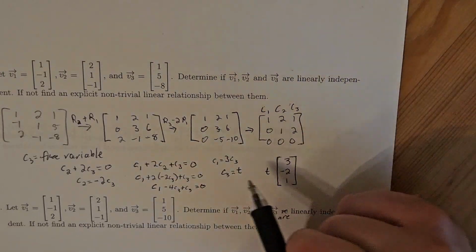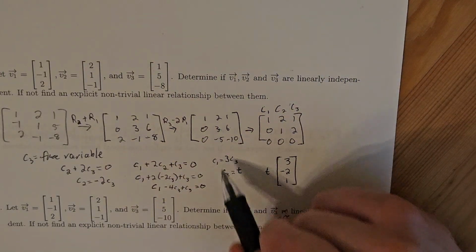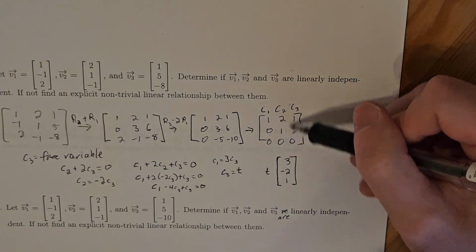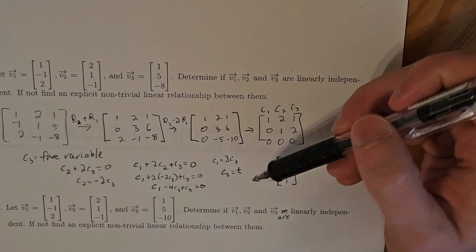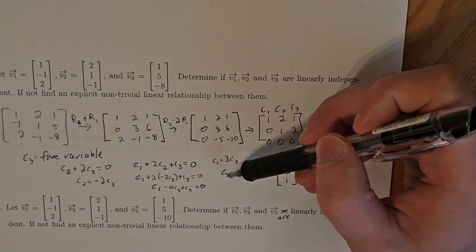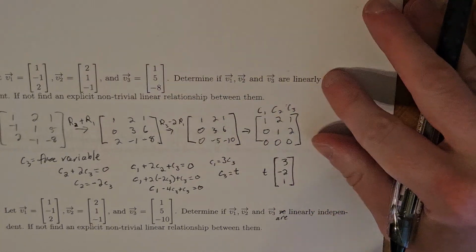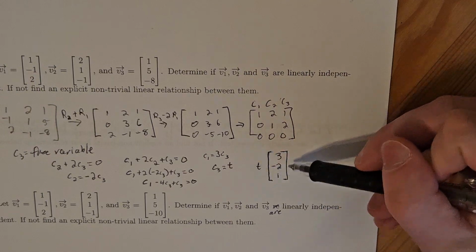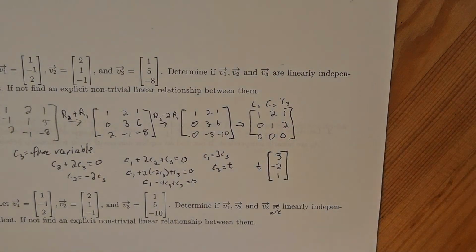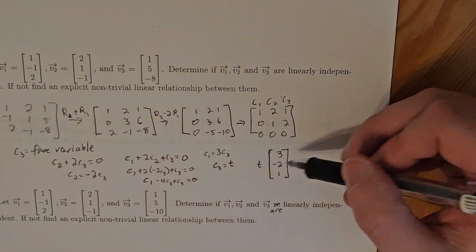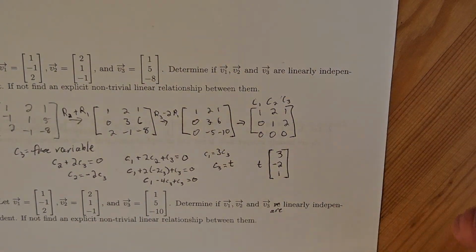C1 in terms of C3 is just 3C3, just by back solving this with everything equal to 0. And so if I just call C3 equal to T, then we get this solution vector, and really infinitely many solution vectors: T times the vector (3, -2, 1).